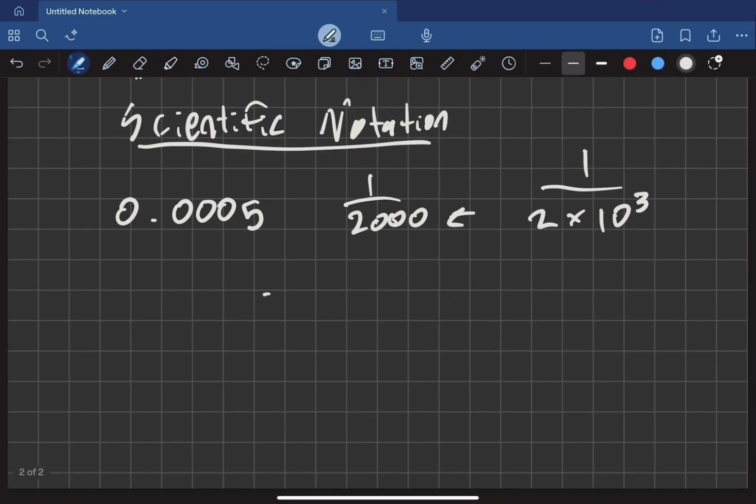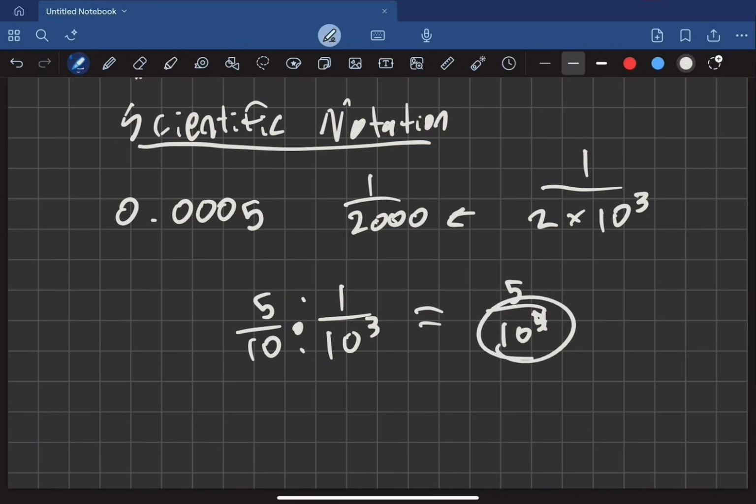So now we'll have 5 over 10 times 1 over 10 to the third. You should be able to see that that's just going to be equal to top times top, 5 times 1, bottom times bottom, 10 times 10 to the third, which will be 5 over 10 to the fourth, sorry.